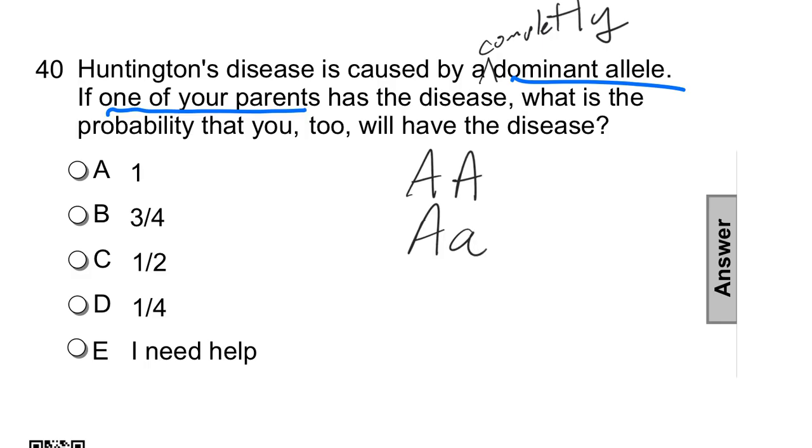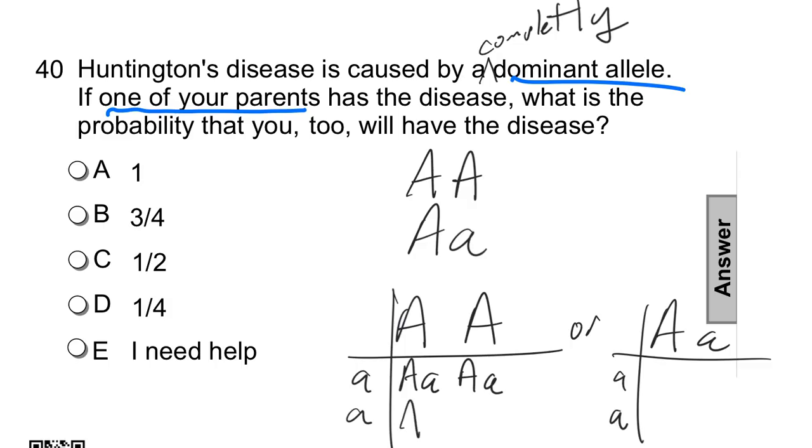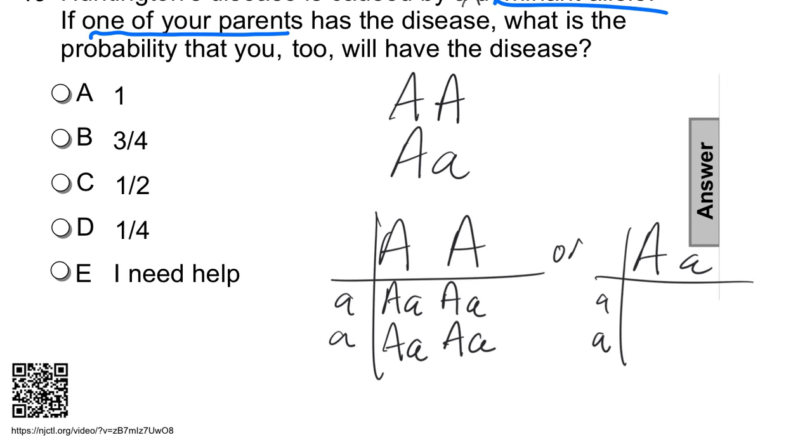If one of your parents has the disease, so it could be big A, big A, or big A, little a, and the other parent would have to be homozygous recessive, what's the chance of you getting it? Well, if your parent is big A, big A, the chance of you getting it is 100%.